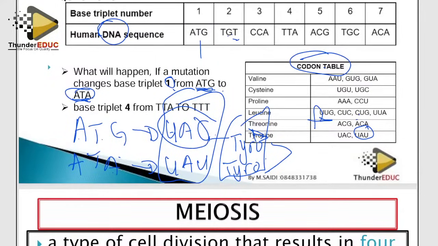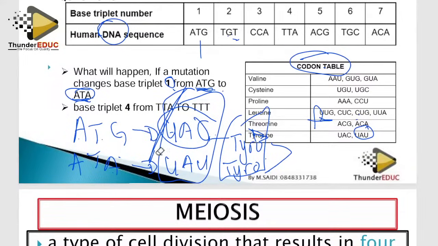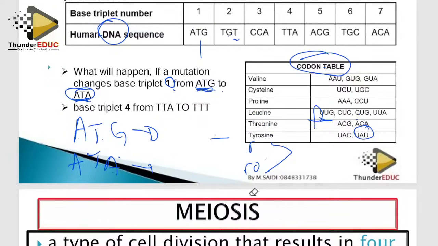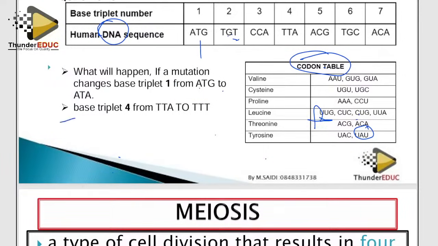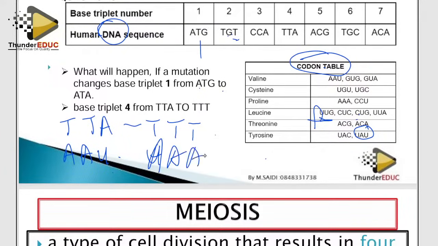What about when there is a change? Okay, right. What about when I have TTA changed to TTT, of which TTA is going to be AAU, and TTT is going to be AAA.